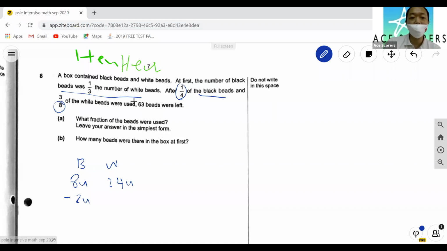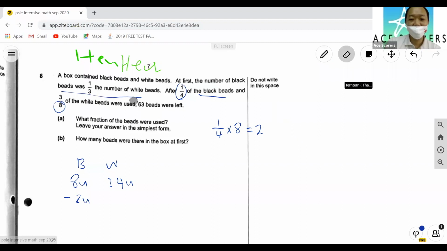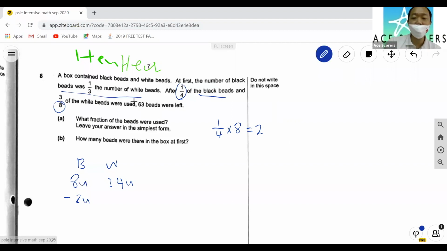Do you see that? How do you know 1/4 of 8 is 2? Your fundamental, you see, 1/4 times 8 equals 2. So 8 units minus 2. Do you know why it is 2 units?